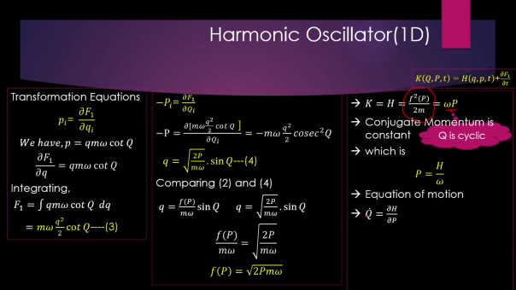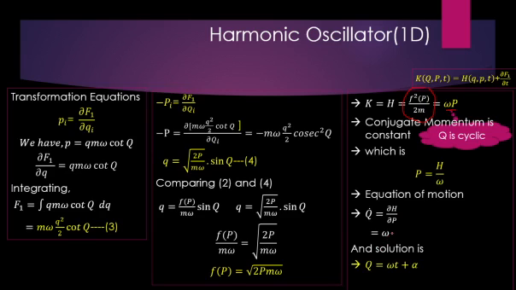So one of them is Q dot is equal to dou H by dou P, Hamilton's equation of motion. Just differentiating H with respect to P, you will get omega. So the solution will be Q dot is equal to omega, or Q is given by integrating with respect to time.